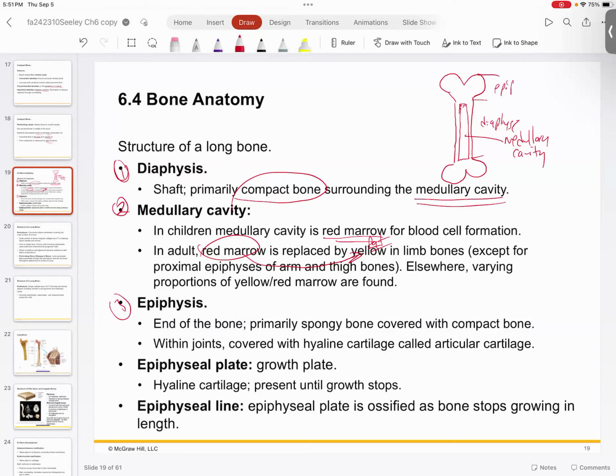So this is the epiphysis. And you have an epiphysis down here as well. And so these are the ends of the bones. Typically, they're going to be mostly spongy. So I'll just put a little hash mark in there like that, just to denote spongy bone.